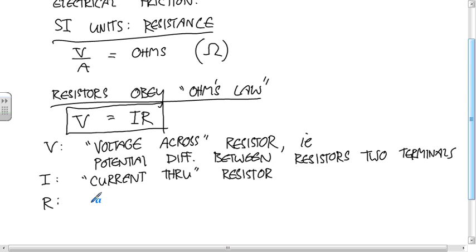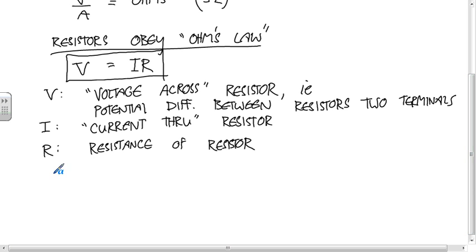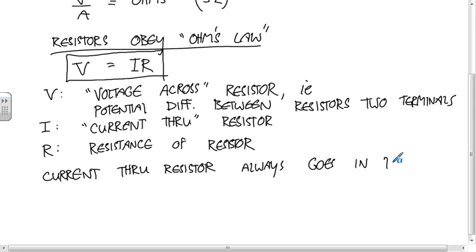And R then is the resistance of the resistor. And the current through the resistor always goes in the direction of the voltage drop.